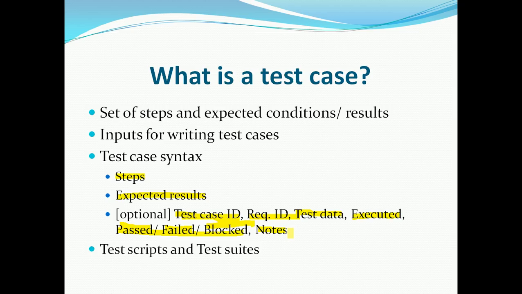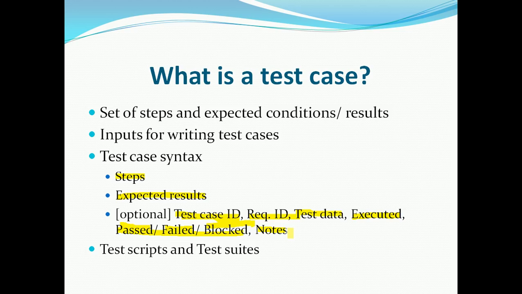Okay. Now the test case is, as we have seen, the documented steps and expected results. When we are planning a test run, meaning that a new build of the system is available and the testing needs to happen, it is possible that you take all of the test cases and execute them, or you plan to execute only certain test cases.